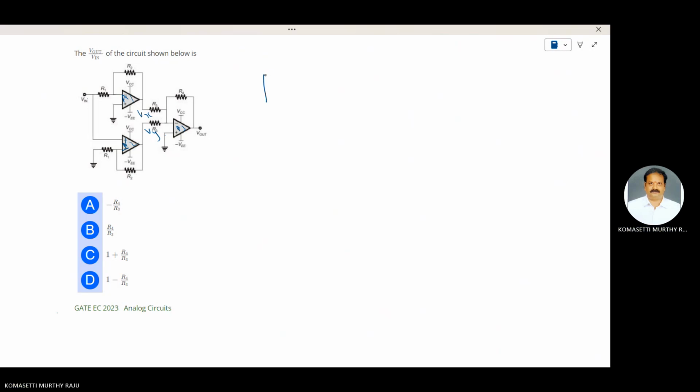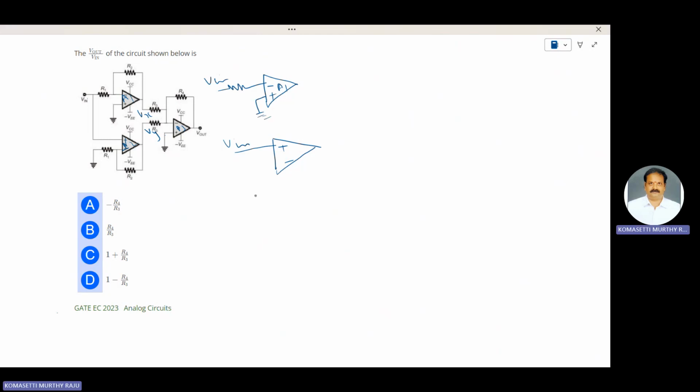Here A1 is minus plus, and here A2 is plus minus. Vin is applied here to the negative terminal, and here Vin is applied to the positive terminal.